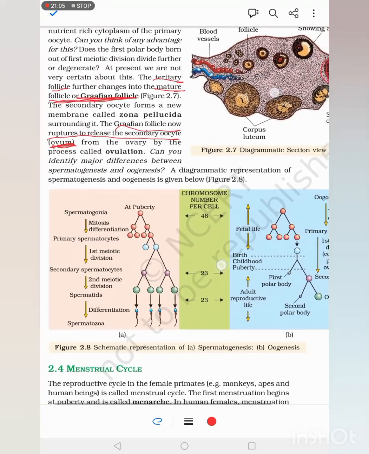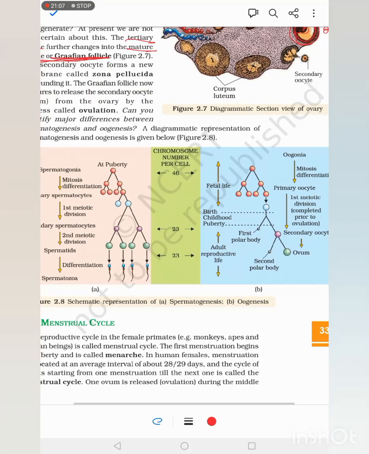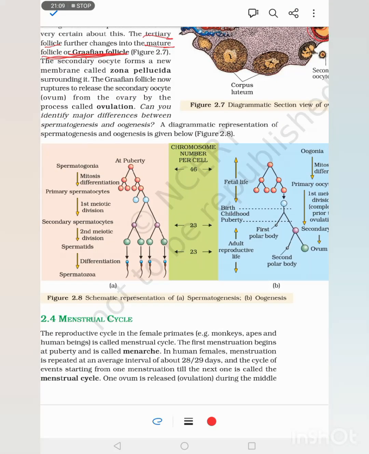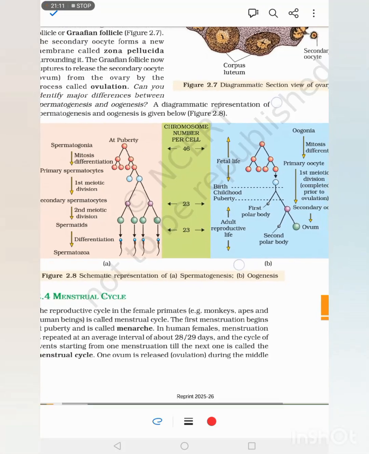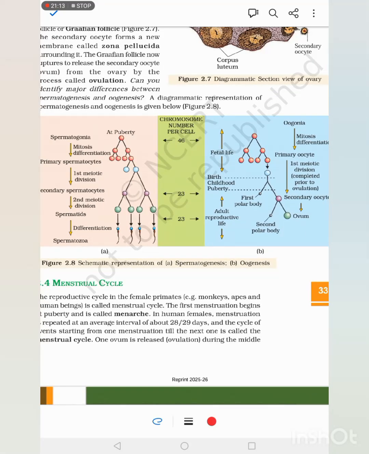So we have briefly discussed both spermatogenesis and oogenesis. We can see a diagrammatic representation, so it is very easy to understand. The basic difference is that oogenesis starts in fetal life, and spermatogenesis starts at puberty only.